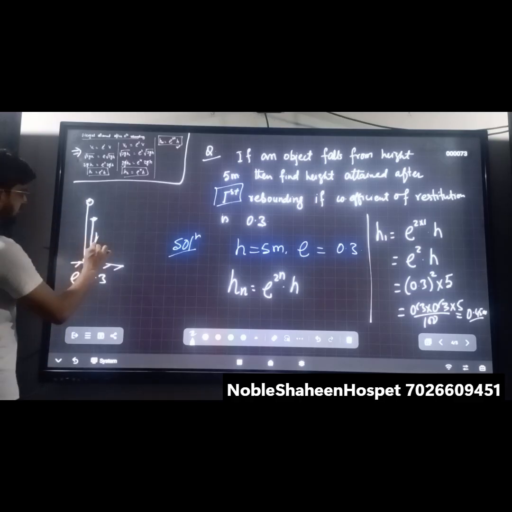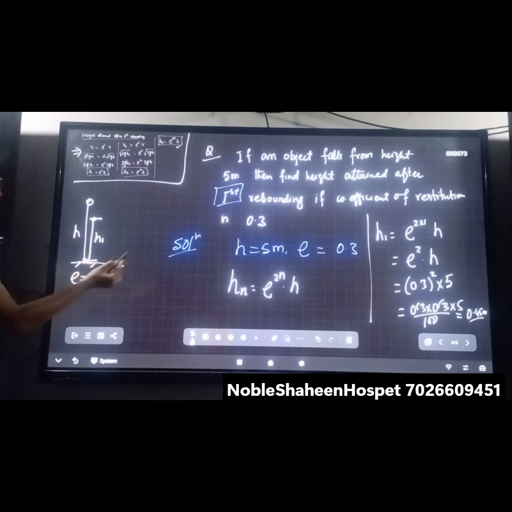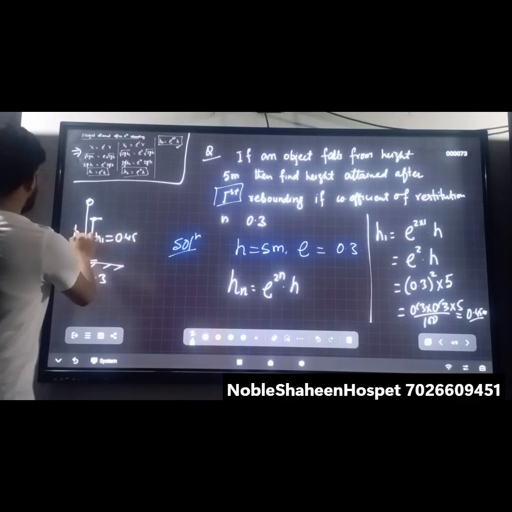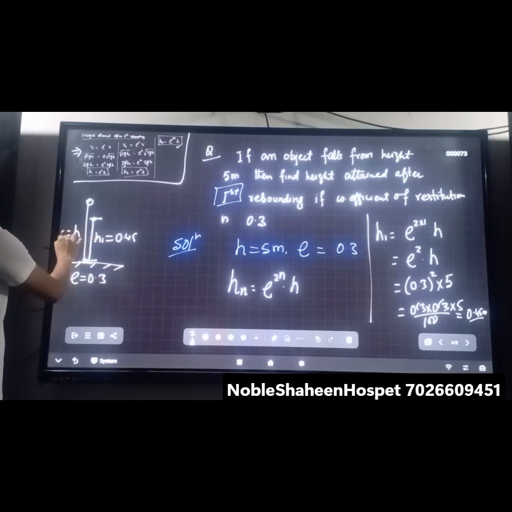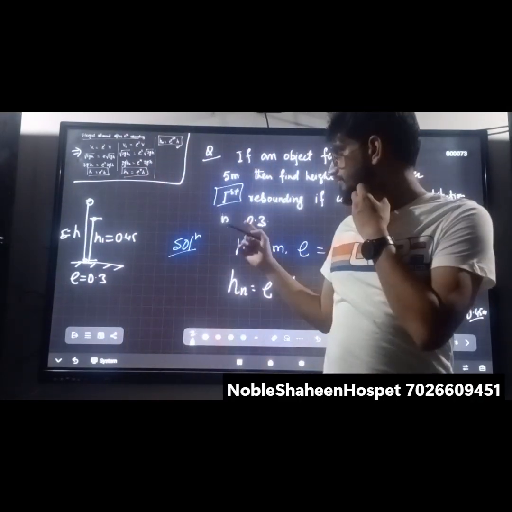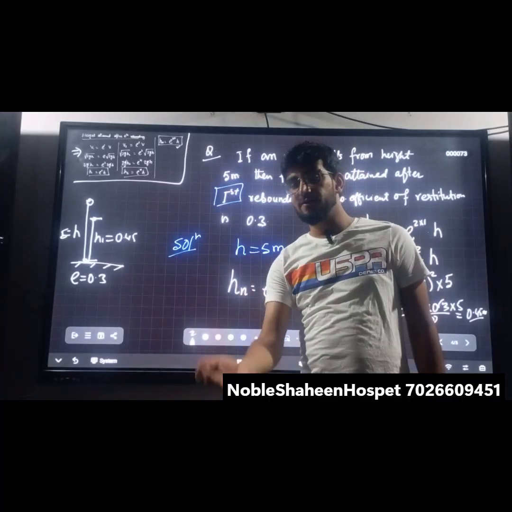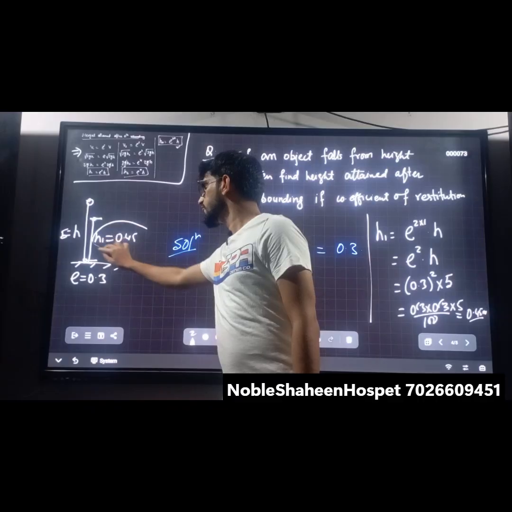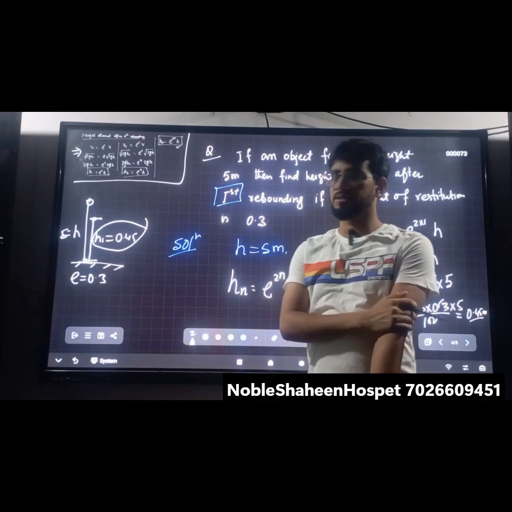This is our h1 and this is our h. So this height h1 will be equal to 0.45 meter, if h is 5 meter. If an object falls from a height of 5 meter and the coefficient of restitution is 0.3, then after the first rebounding it will attain a height of 0.45 meter. This is the answer.